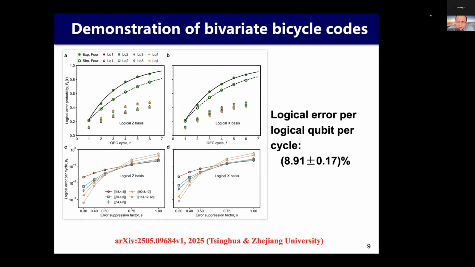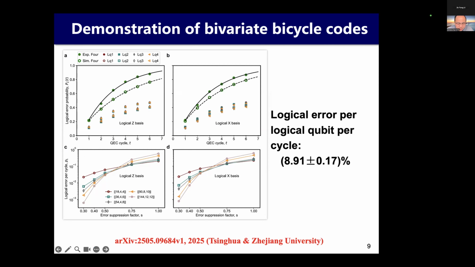If you achieve break-even, then you need to show that with increasing distance, the logical error will decrease, right, like shown here. Sub-figure C is basically numerical simulation to study how far away we are from the break-even point.